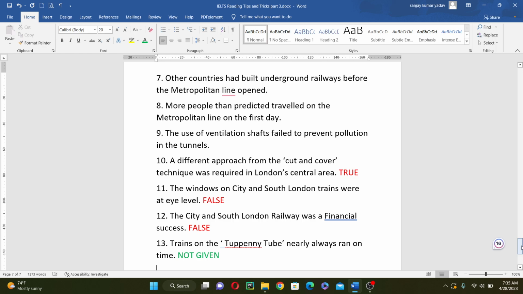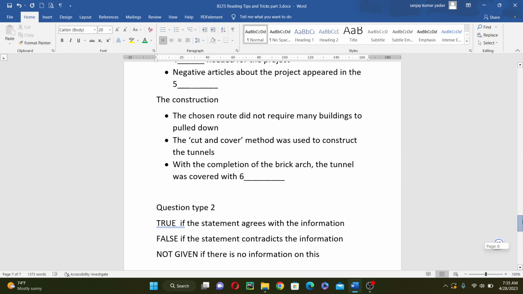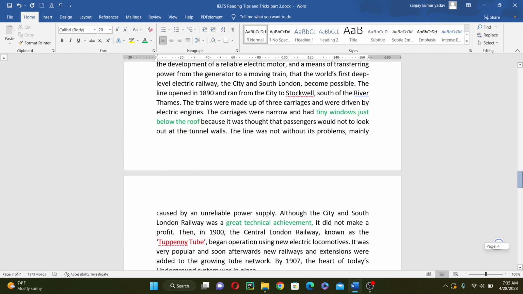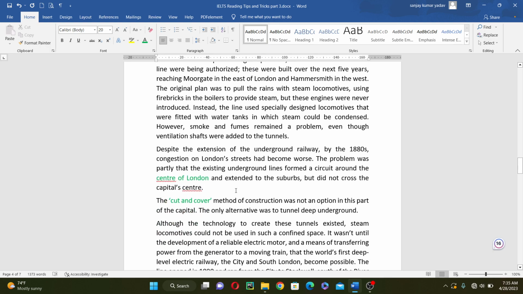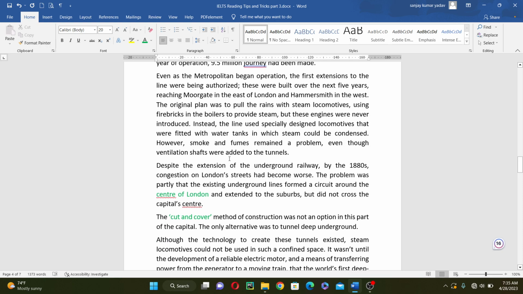So let's find the answer. Question 9. Okay, so locomotive. Okay, fumes here I have seen. However, the smoke and fumes remained a problem even though the ventilation shafts were added to the tunnel.